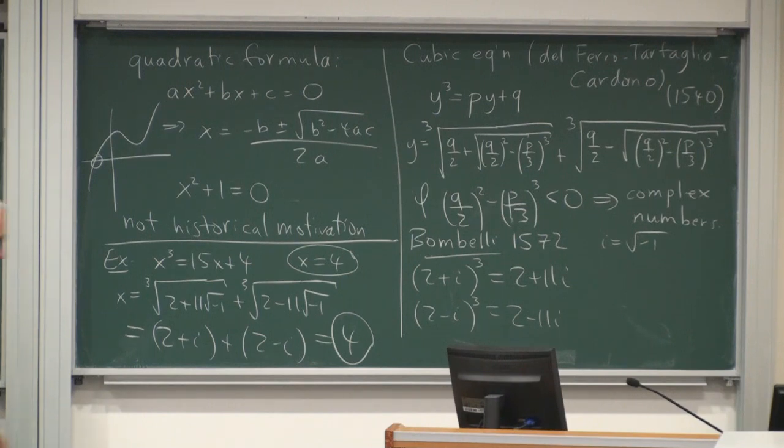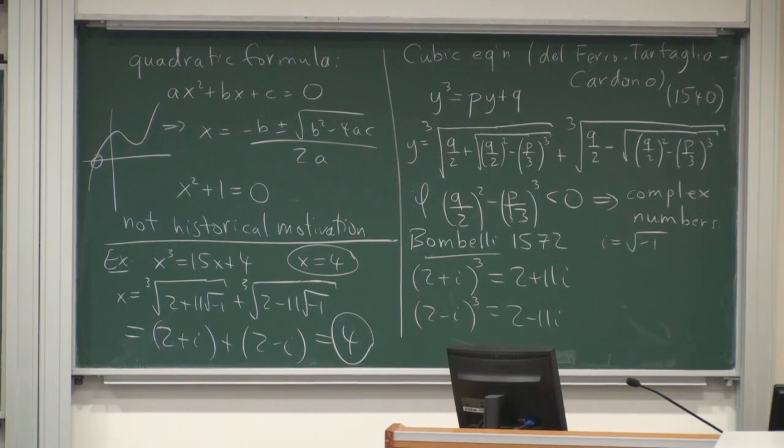All right, so in the next 100, 200 years, people started experimenting with i, especially using it in formulas to derive things or to shed some light on things, even though they weren't quite confident about what this i really was.